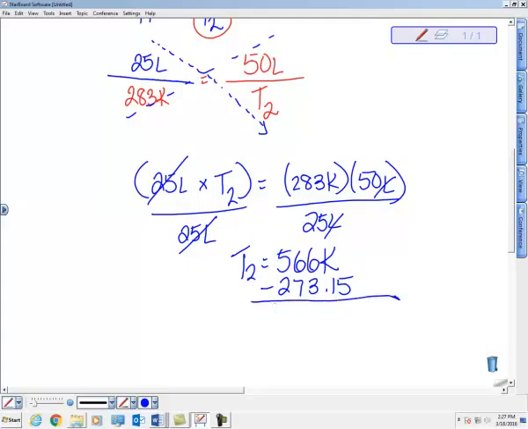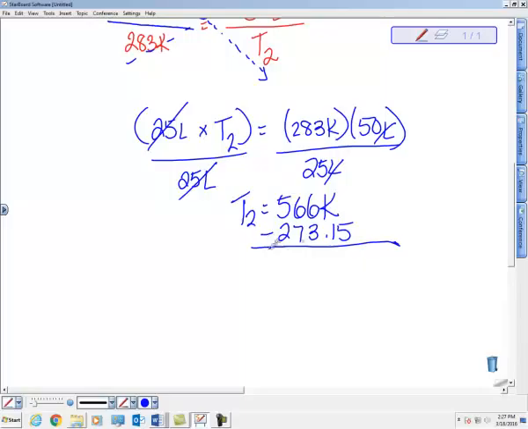And the correct answer would be 292.85. Now, if you're careful with your sig figs, you'll know that that 8 is going to round the 2 up, and that'll make 293. Remember, when you add or subtract, it's about the least number of decimal places. Oh, whoops, that's not Kelvin, my bad. Degrees Celsius, sorry.